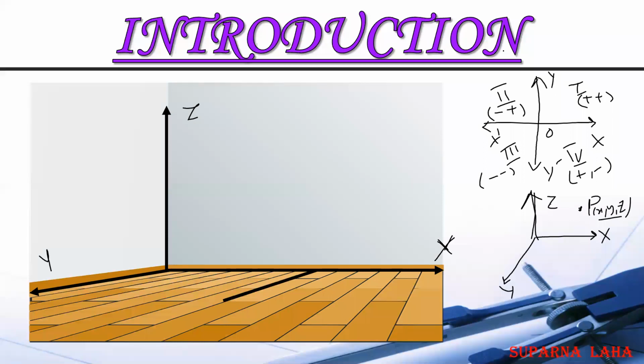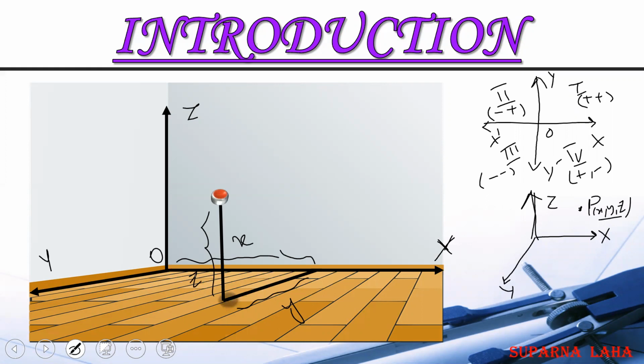So for any point, this is the origin O, and if this distance is x, this distance is y, and this distance is z, then the coordinate of this object is x comma y comma z.